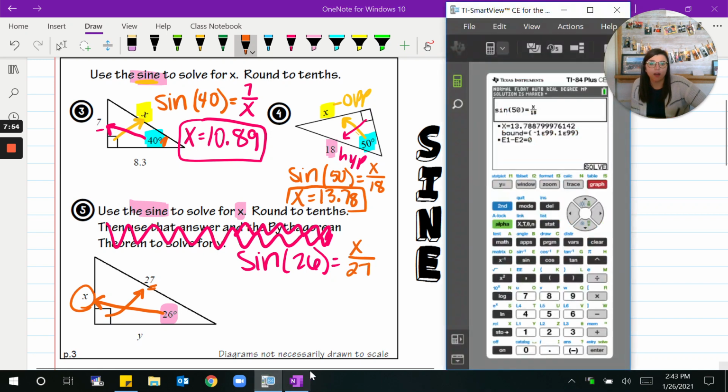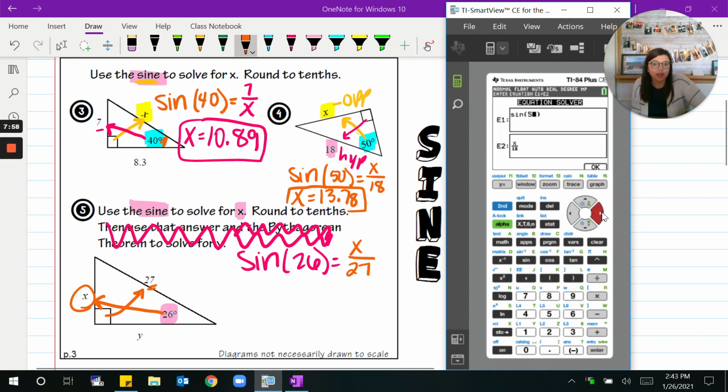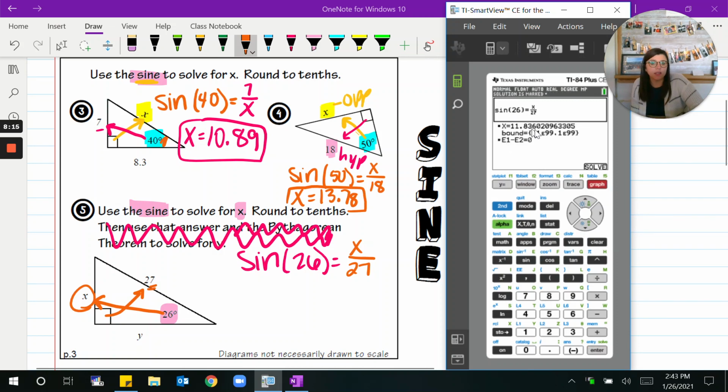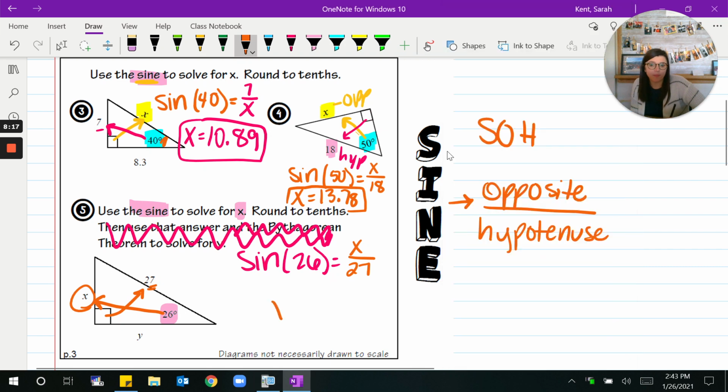So in my calculator, I can go math up, enter, sine of 26, and then here I need x over 27. Press enter, alpha graph, and we get x equals 11.83.